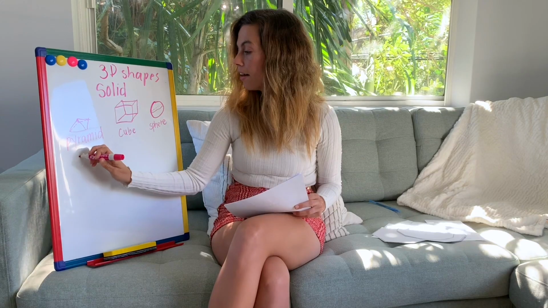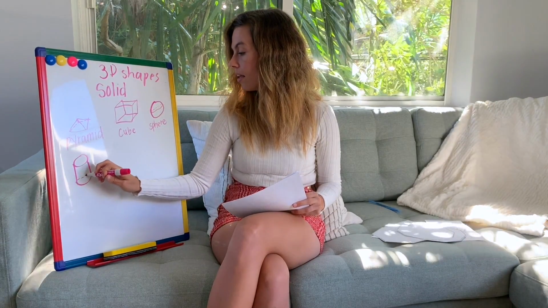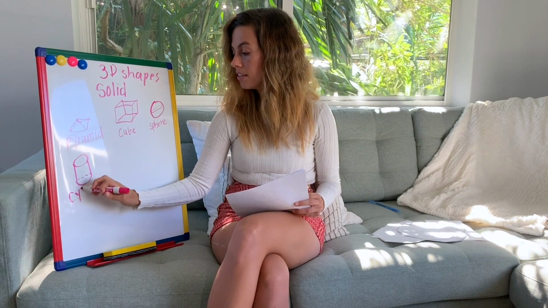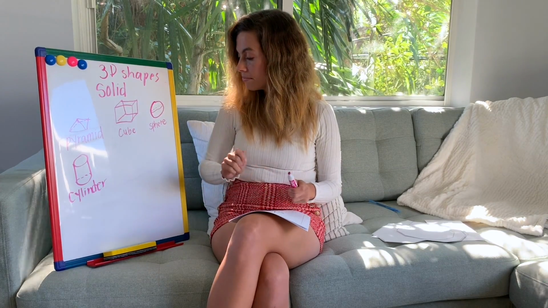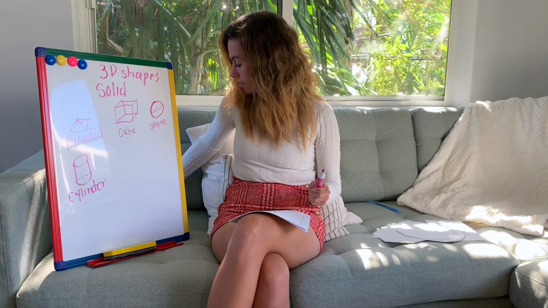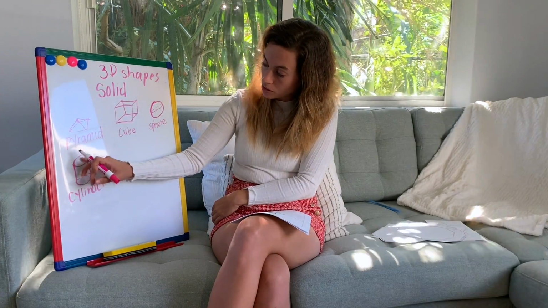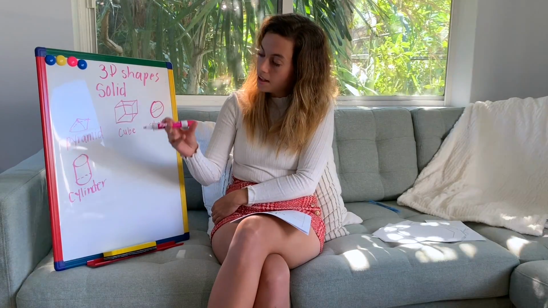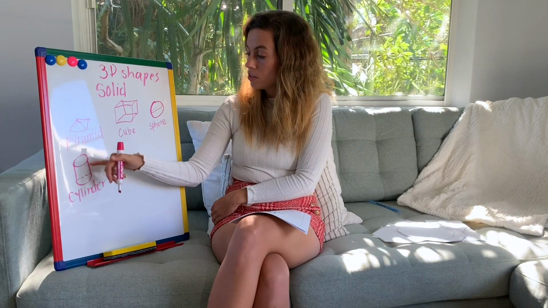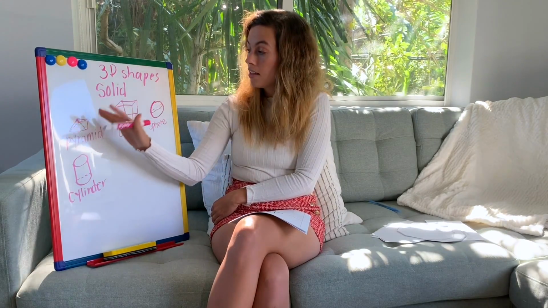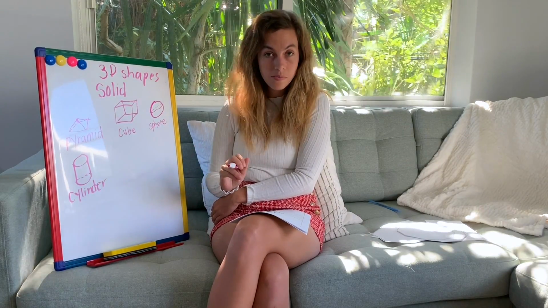Okay, our next 3D shape we're going to talk about today is called a cylinder. A cylinder has 2 circles at the top and the bottom, and then it has a longer middle, and it does not have any sides, but it does have 2 circle faces.